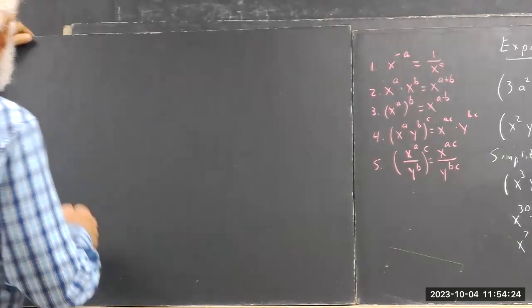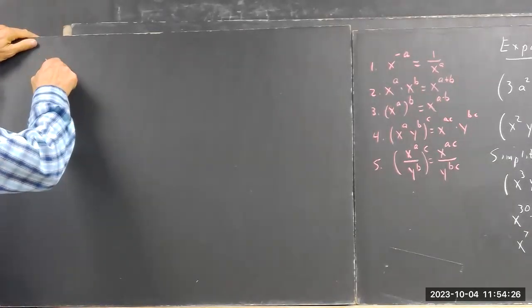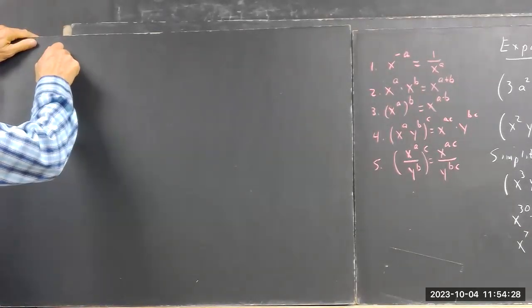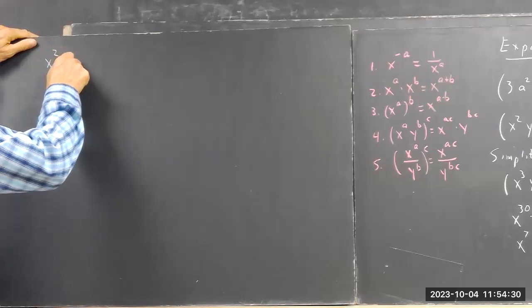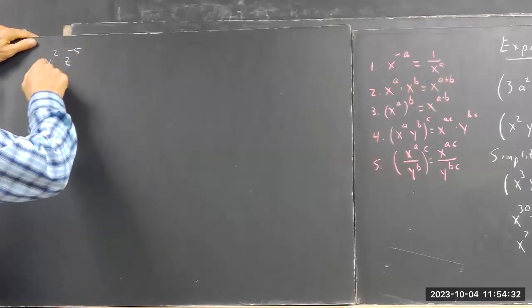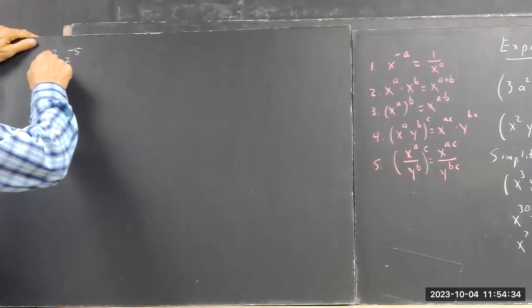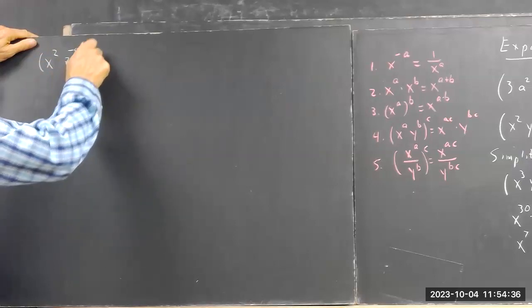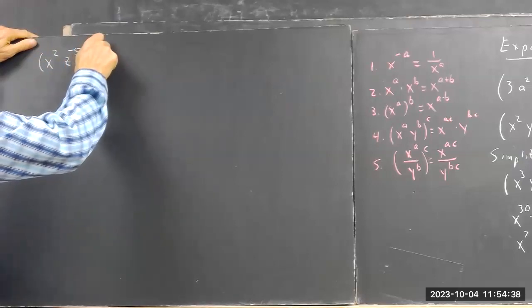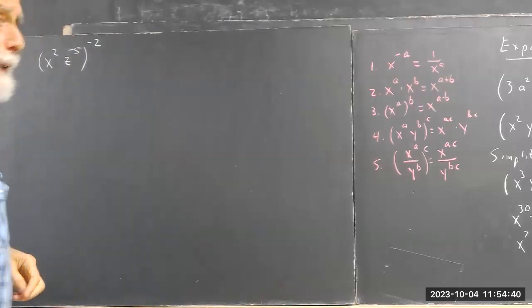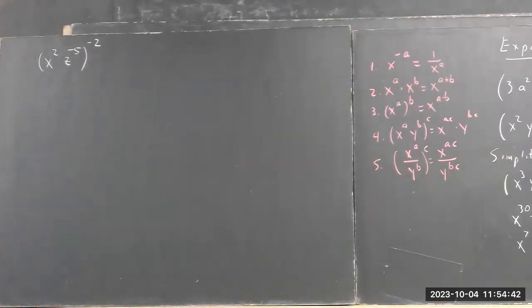So let's see, what would you get for x squared times z to the negative 5th, raised to the negative 2nd power? If you use the rules, it's easy to do this, but it doesn't look quite like it did before, so it might be difficult to figure out how to use the rules. See if you can do that.